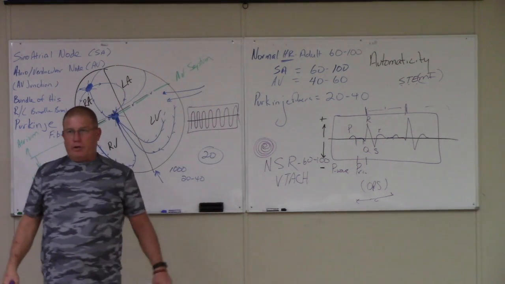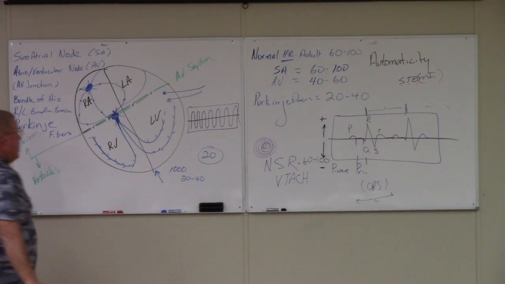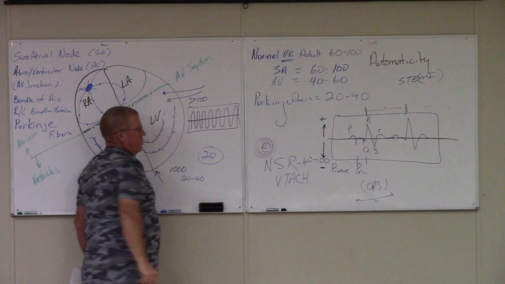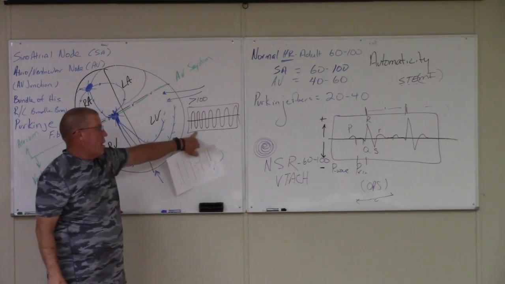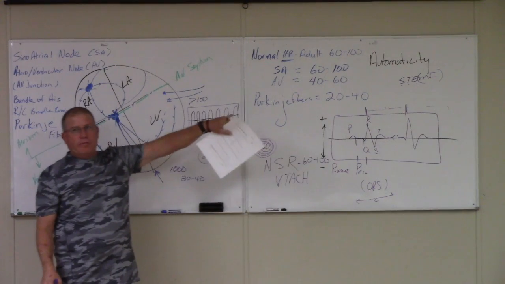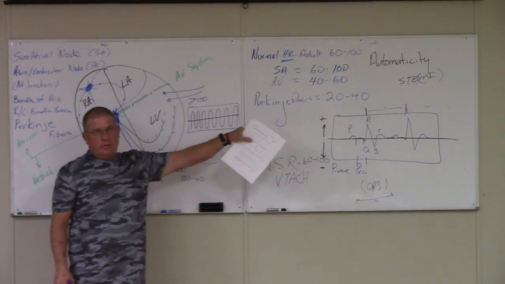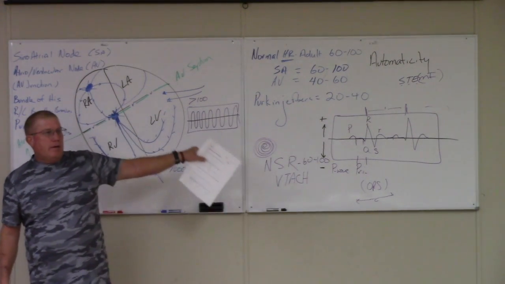VTAC is regular, okay? But it's at a rate greater than 100. But all you see on the isoelectric line is the ventricular response, like the R and the S wave. You do not see any P waves. What's happening to this person?